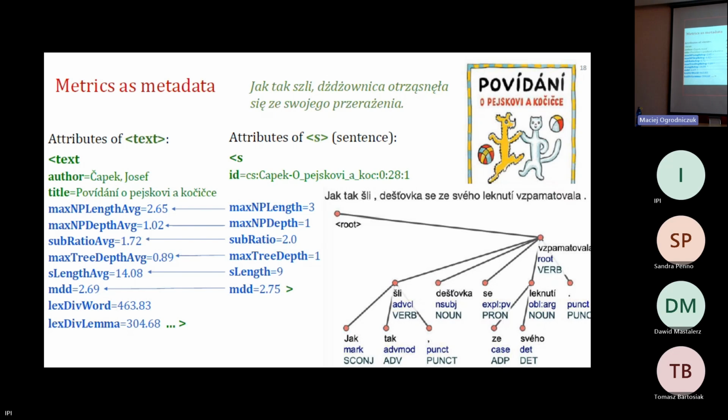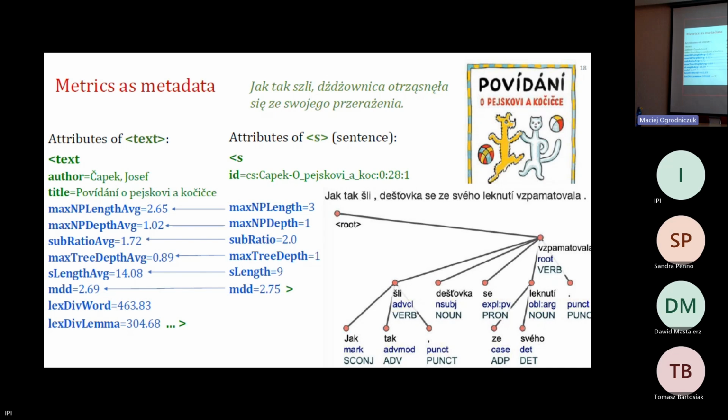And these lexical diversity measures are only calculated for texts, not for sentences, because for sentences we would have to compare with some paradigm corpus. So we didn't go that far. We only do it for text.